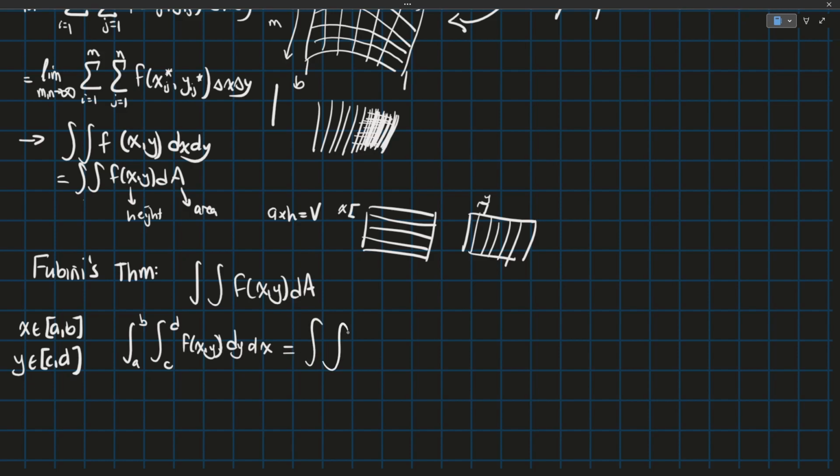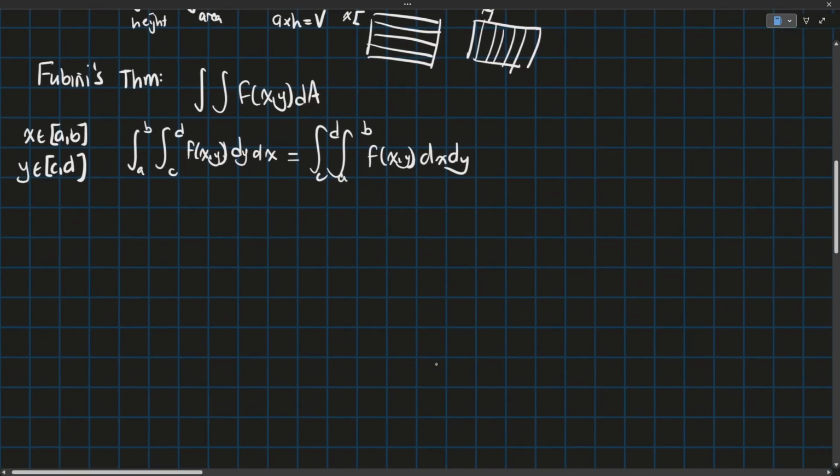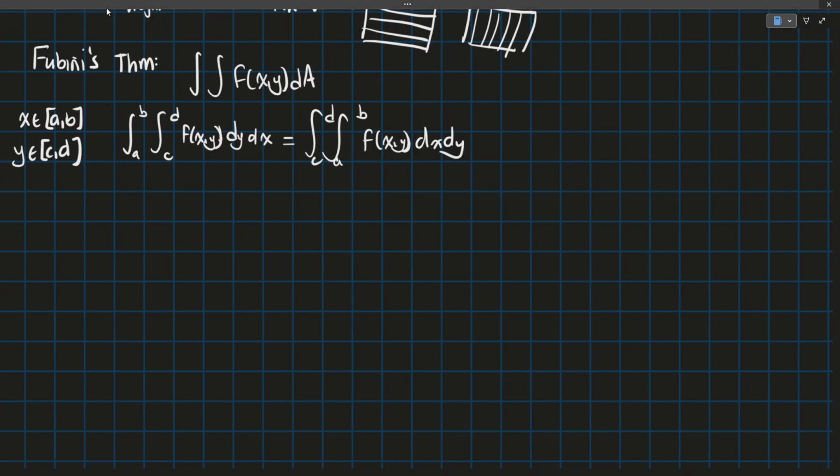This will be equal to this one. Right? So just saying does not matter the order of integration. And it's kind of similar to Clairaut's partial derivative theorem. Okay. So this is the theorem down, basic understanding of it down.